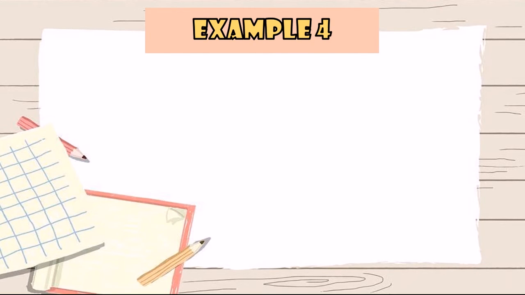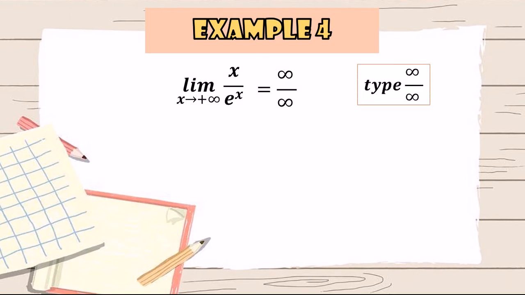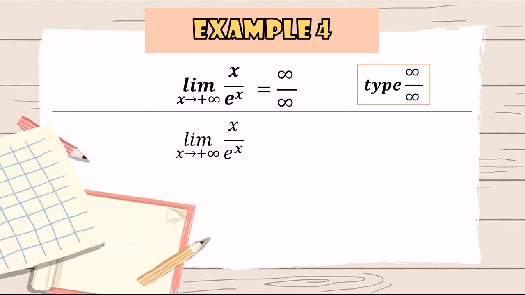Example 4. The limit of x over e raised to the power of x as x approaches positive infinity. If we replace x with infinity, it will result in infinity over infinity. By using L'Hospital's rule, the derivative of x is 1, and the derivative of e raised to the power of x is e raised to the power of x.